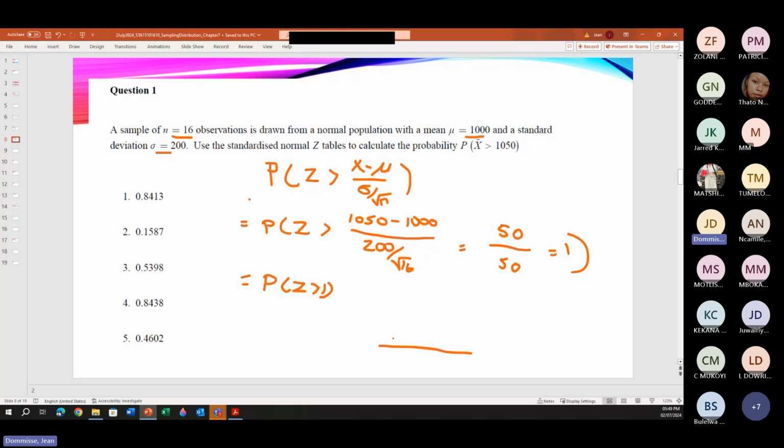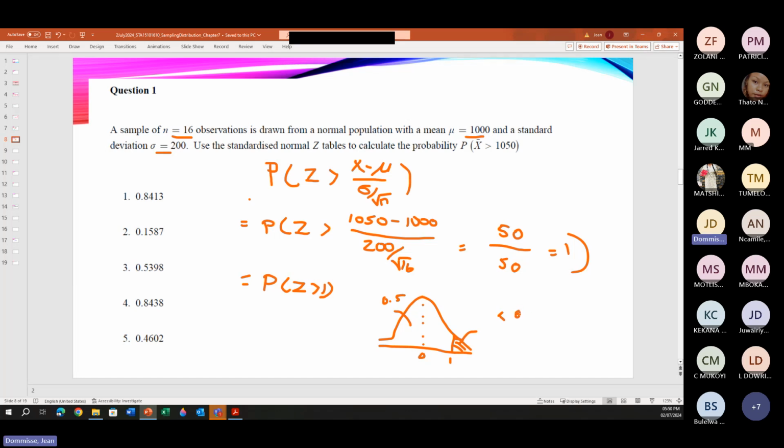Again, firstly, let's draw the graph. We know that is 0. Again, it doesn't need to be on scale, but what we know is that 50% of probability is sitting to the left of 0, 50% to the right. So when I'm looking at answers again, I know that this piece is going to be less than 0.5.